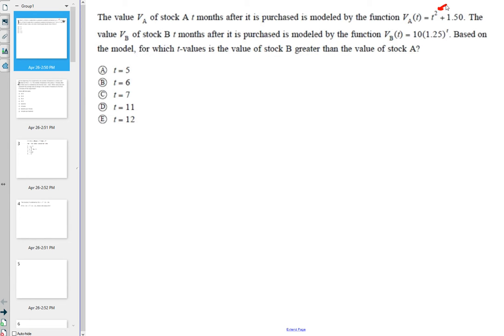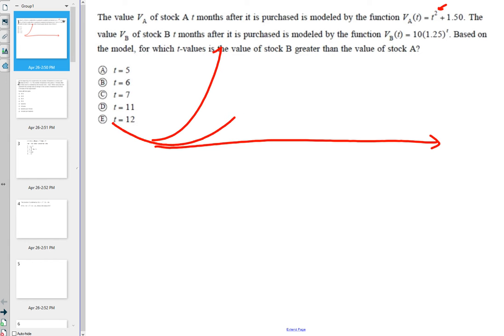Now also, what would help you out is if you remember which types of functions get bigger faster, exponentials or quadratics? The exponential. Especially as you get further towards positive infinity, the exponential is going to get bigger faster than a quadratic.